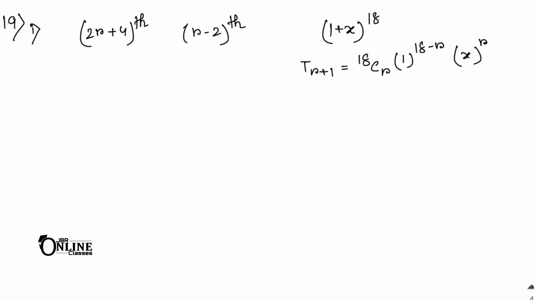So as here the (2r+4)th term. If you replace this, 2r+4 by r+1, then you have 2r+3 in the equation.